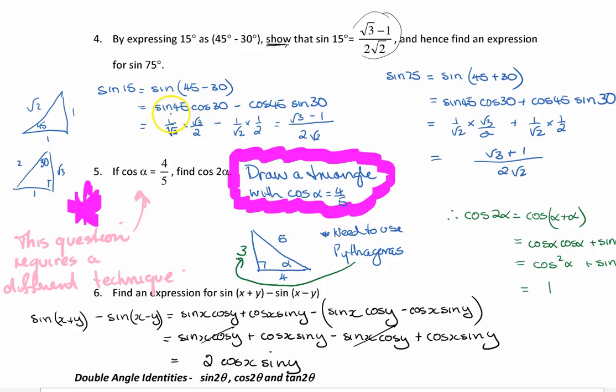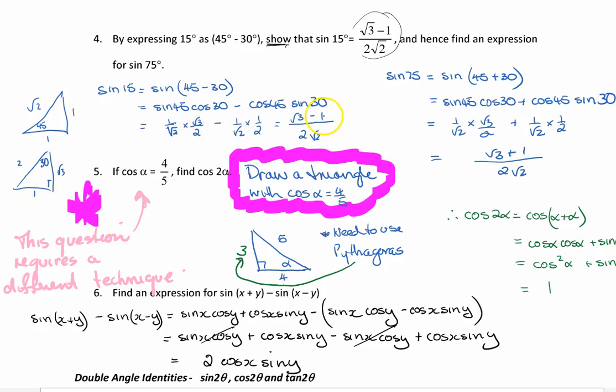Expanding, you get sine 45 cos 30 minus cos 45 sine 30. You're feeling very confident at this stage. Why? Because we've got exact values for sine 45 from our little triangle and cos 30 from our little triangle. Subbing the values in, we've got a common denominator.